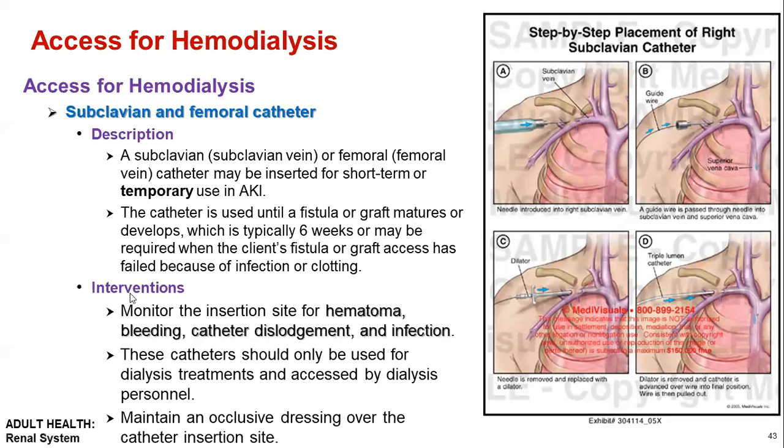What are the interventions? If a patient needs a subclavian or femoral catheter, monitor the insertion site for inflammation like redness, bleeding, temperature, swelling, or any other sign of infection or catheter dislodgement.